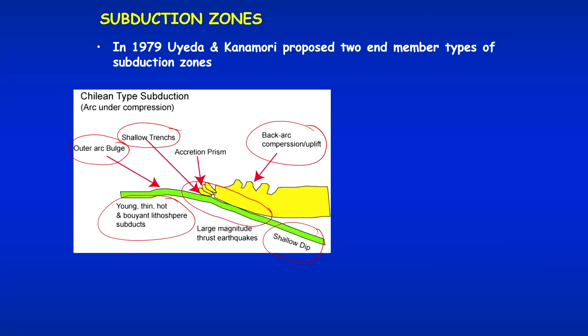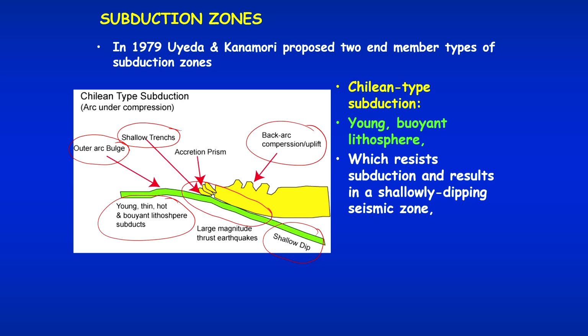So the larger area will remain in contact between the overriding plate and the subducting plate, and this can produce mostly shallow earthquakes and mega earthquakes. So in Chilean type subduction, we have the young buoyant lithosphere which resists subduction and results in a shallowly dipping seismic zone, where I have marked. This will be the area where it will keep producing earthquakes.